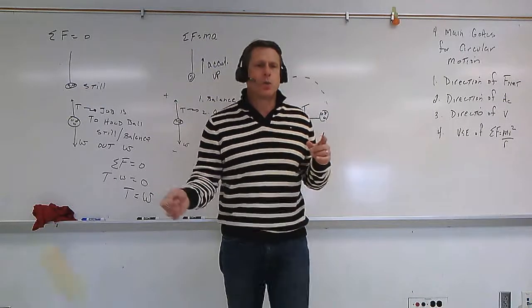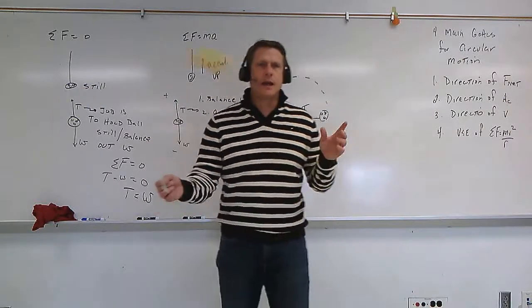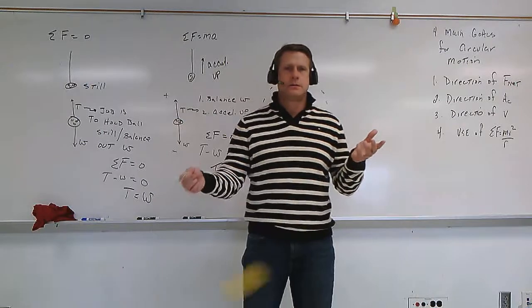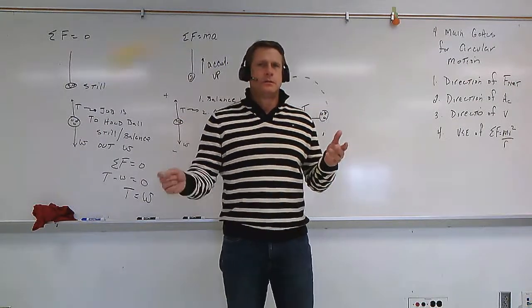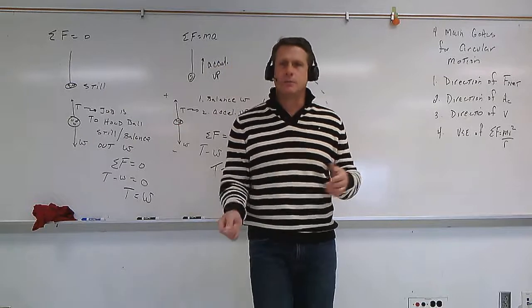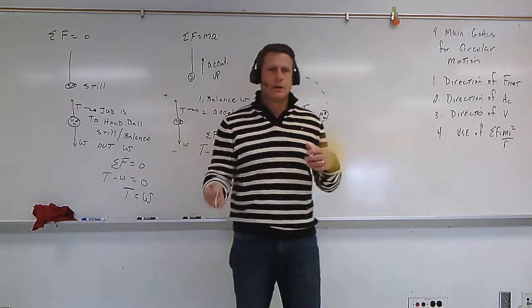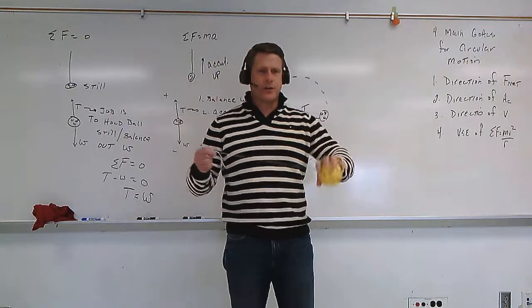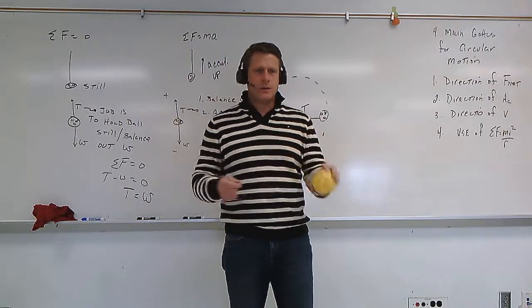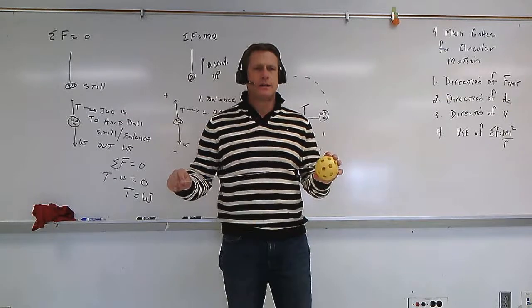It always wants to be going in a straight line, because inertia says an object in motion wants to stay in motion at the same speed in a straight line. So if I freeze frame this thing right here, it wants to keep going in a straight line.